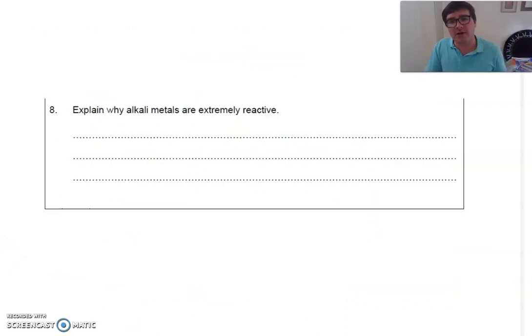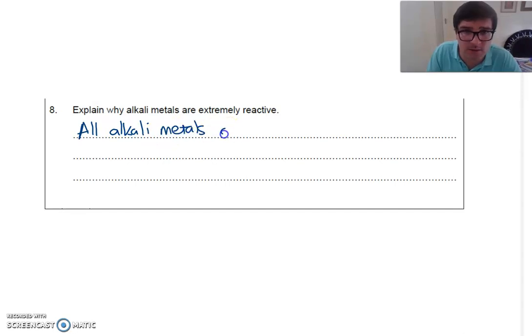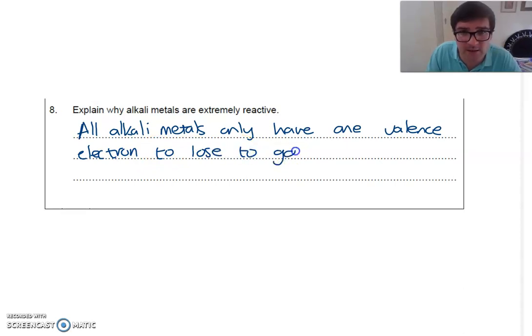Moving on to our final question, they say, explain why alkali metals are extremely reactive. All alkali metals only have one valence electron. And what do they do with those valence electrons? They lose it to gain noble gas electron configurations.